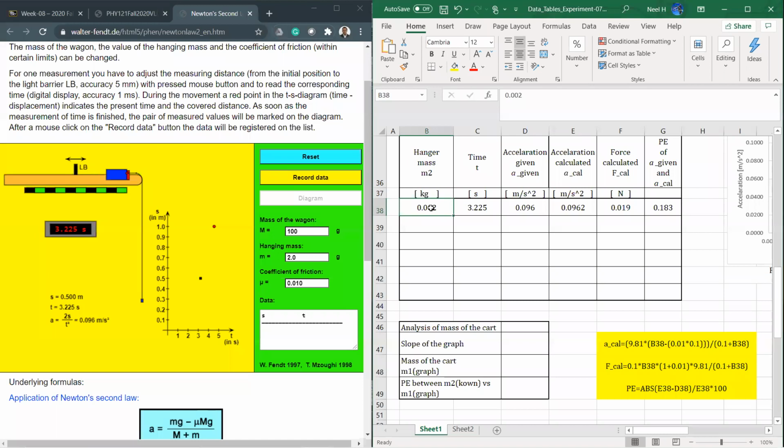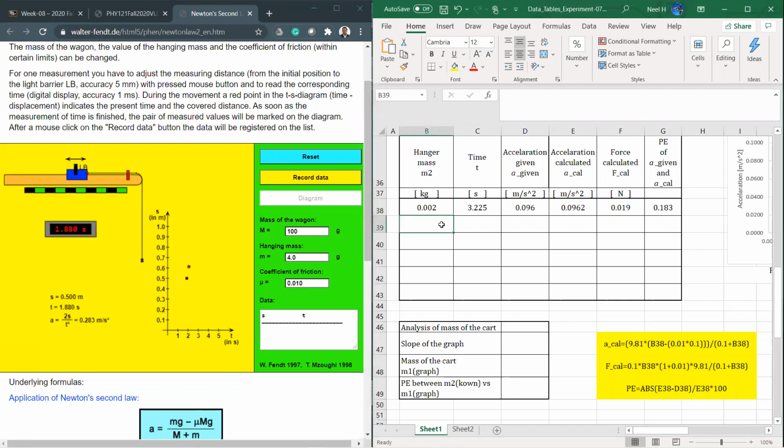All we have to do now is repeat the same thing by increasing the hanger mass. Just reset and increase the hanger mass to 4 grams. Repeat the experiment. The friction coefficient remains as it is, the wagon mass remains as it is, and the LB remains where it is.